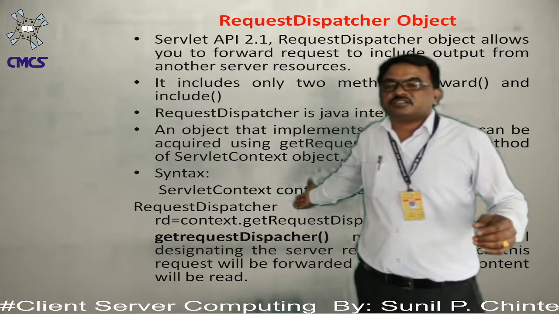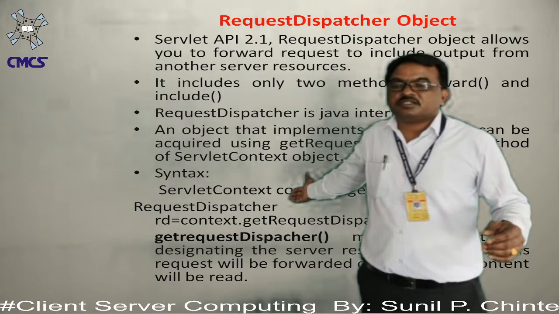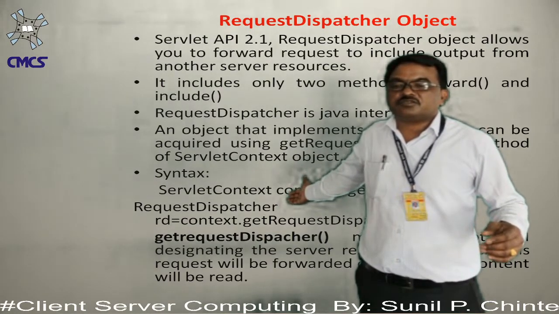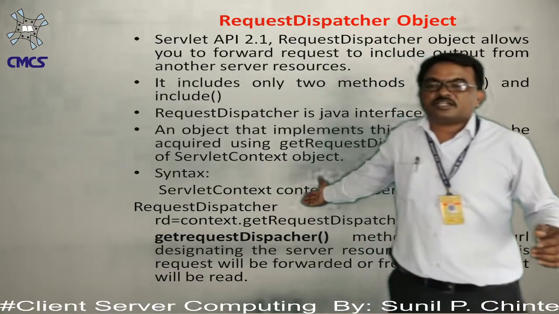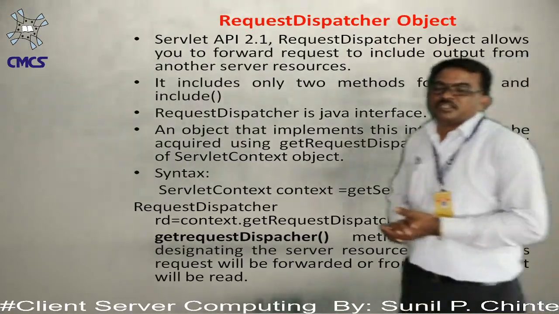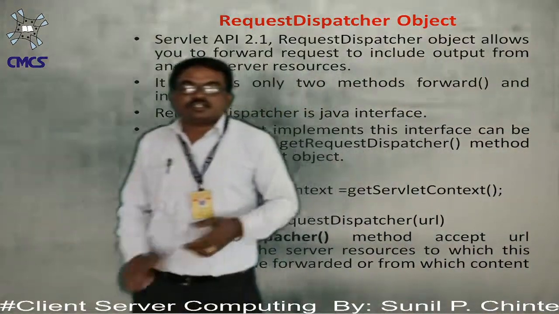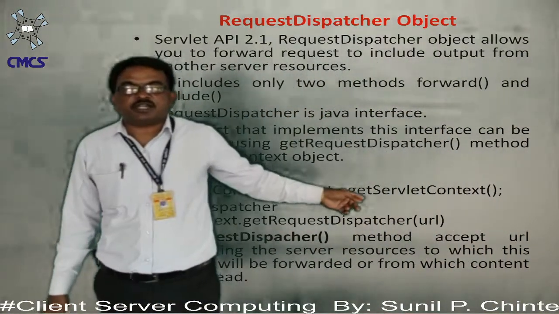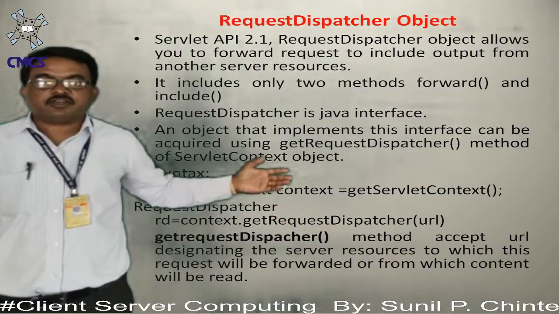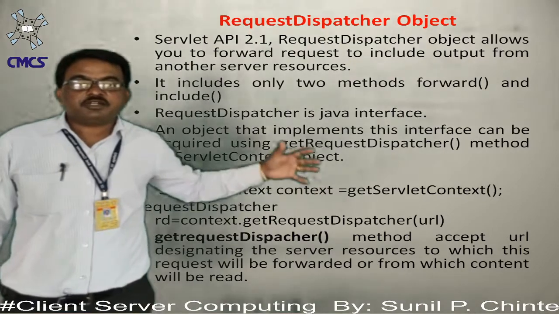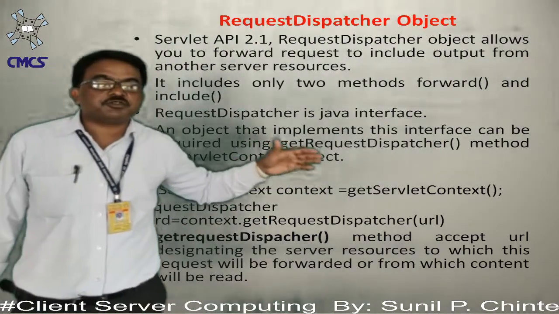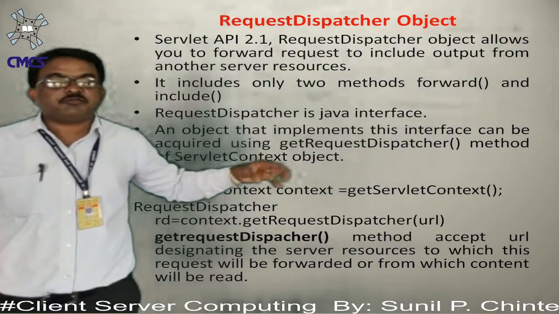So this is the syntax: RequestDispatcher rd equals context dot getRequestDispatcher, with one argument, that is the URL. Okay, this method takes one argument, that is the URL. So what is meant by URL here? The get request dispatcher method accepts the URL that designates the server resource to which this request will be forwarded.